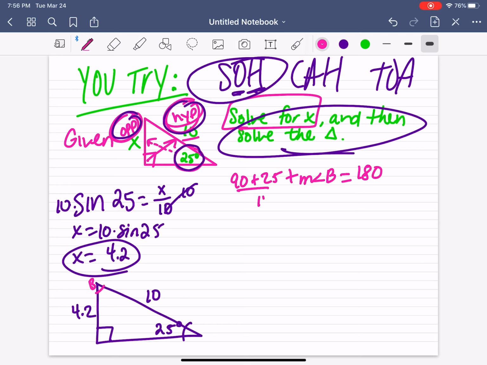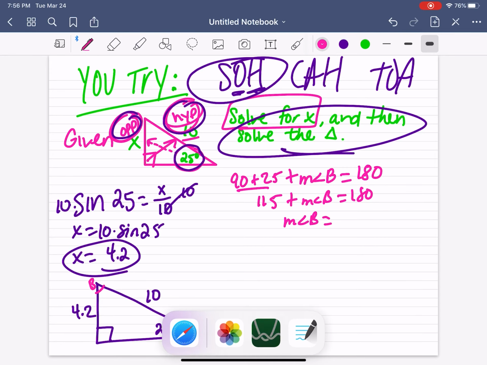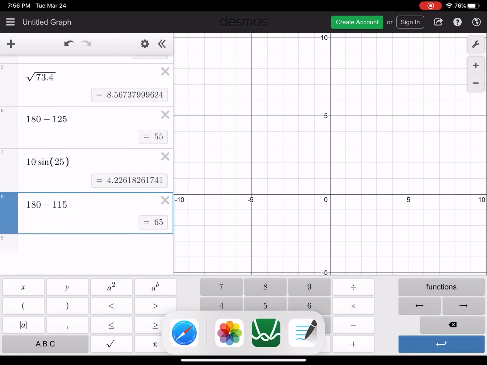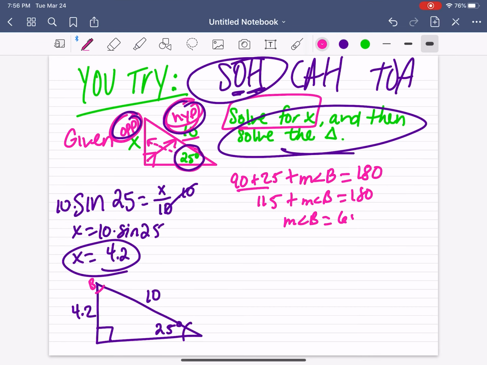Add these two up, you get 115. Subtract 115 from both sides. You get 65. So the measure of this angle is 65 degrees.